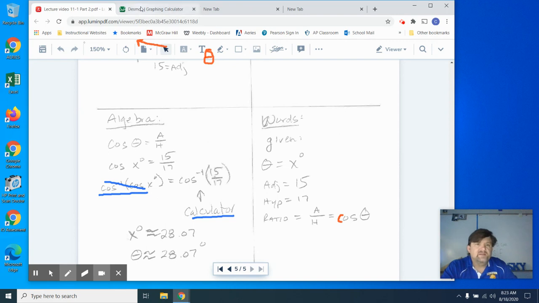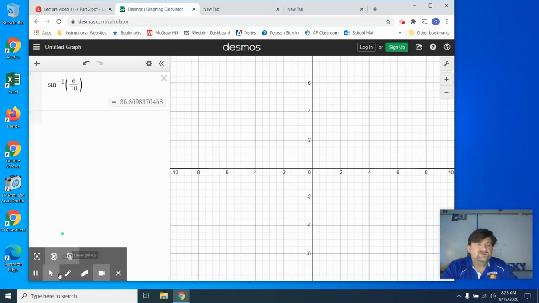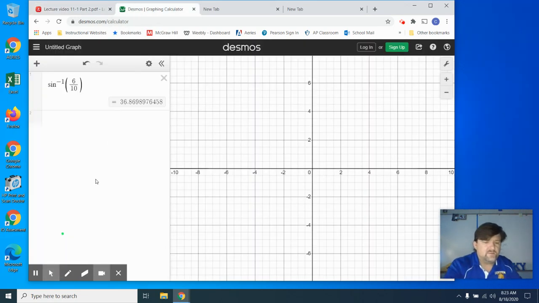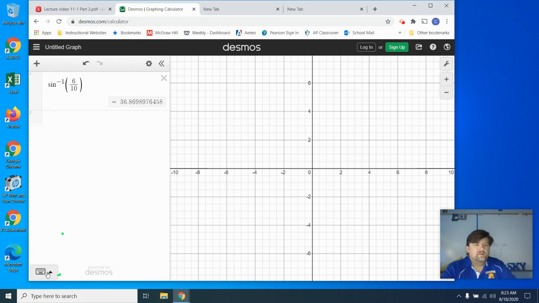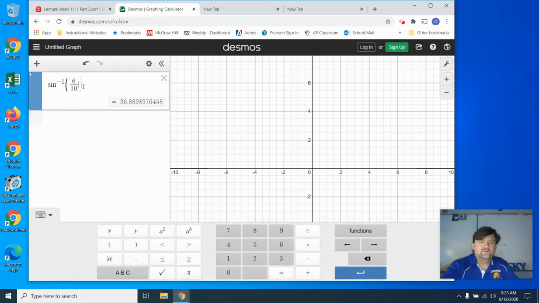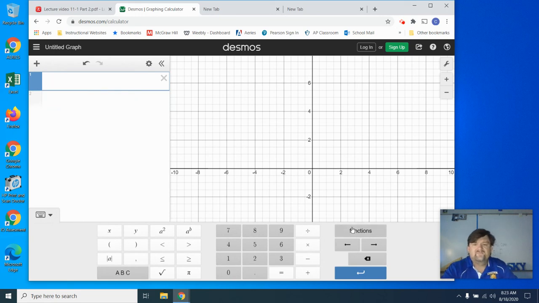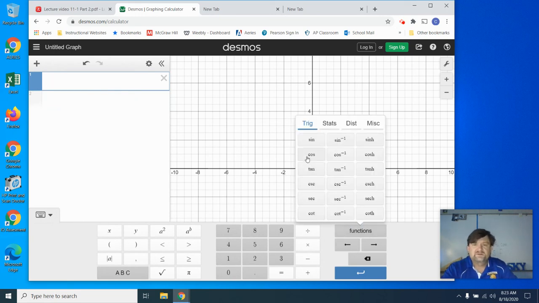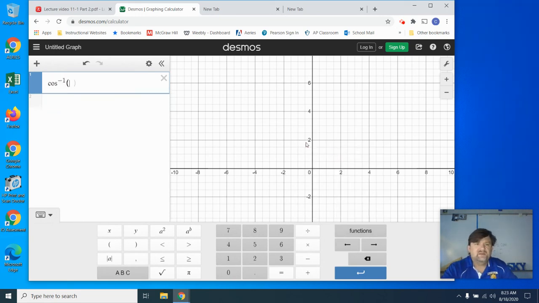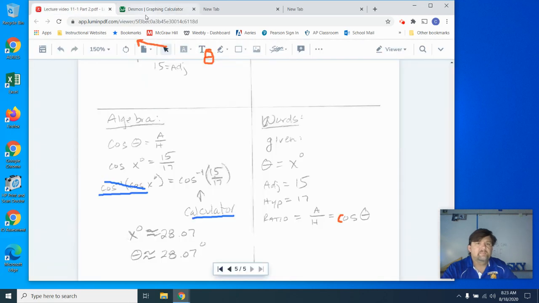So again, we go back to Desmos. Let me go to the right pointer here. And then we'll go to Desmos. And I will get rid of my Desmos. We'll clear this one out again. I'm going to go to functions. We are dealing with cosine, I believe. I can't remember now. Cosine, yep.